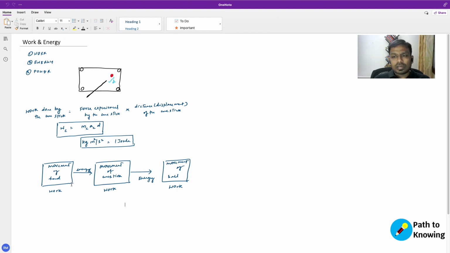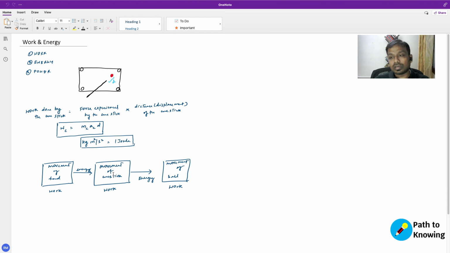But for now, starting from the movement of the hand, it is a chain, right? The movement of the hand does some work, which means that by virtue of doing that work, it generates or creates some energy. And that energy is what is used to do some other work, which was the cue stick in this case.